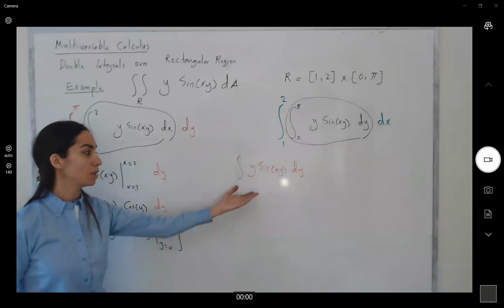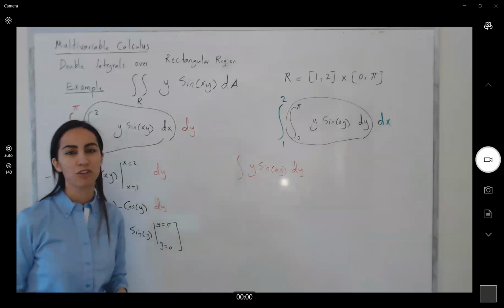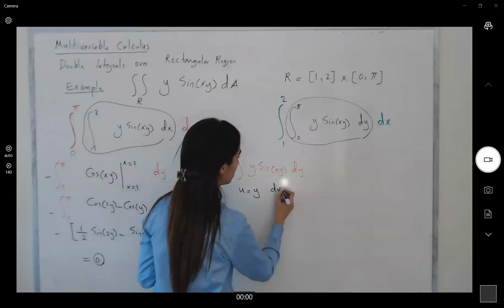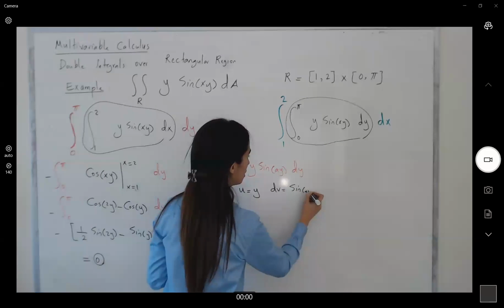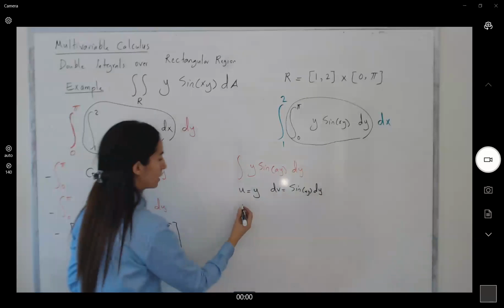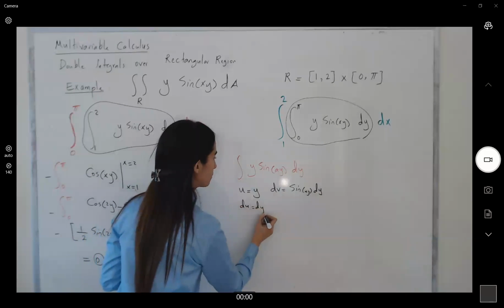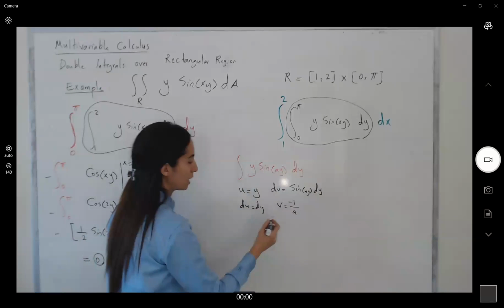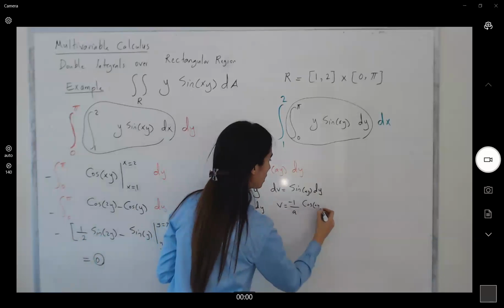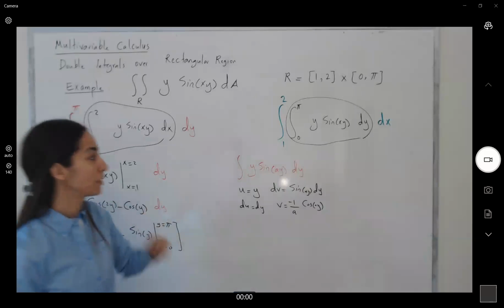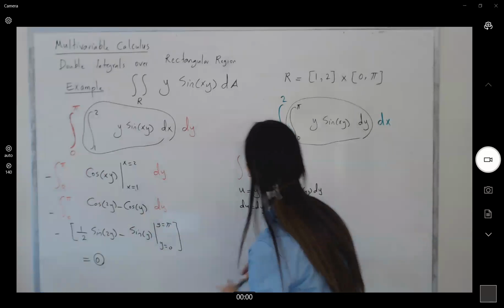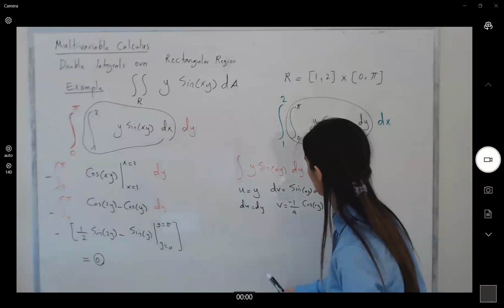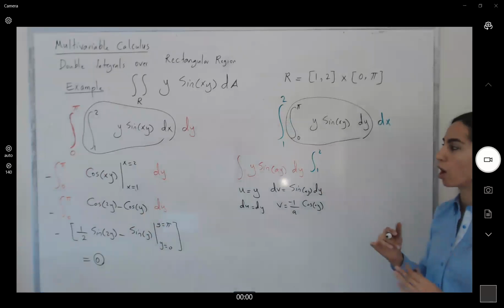How to evaluate this integral? You can use integration by parts. You can say that, hey, u is equal to y, dv is equal to sine ay dy, and du is dy, and the v is 1 over a, and we have a negative sign, cosine ay. Then this inner integral can be written as, so here you have 1 to 2. It makes it more complicated.